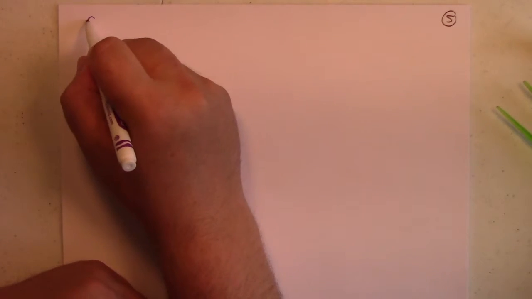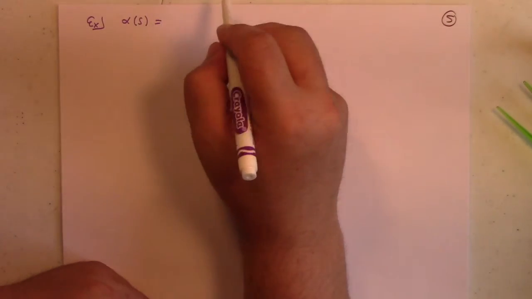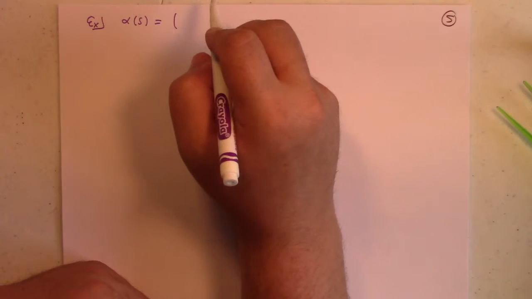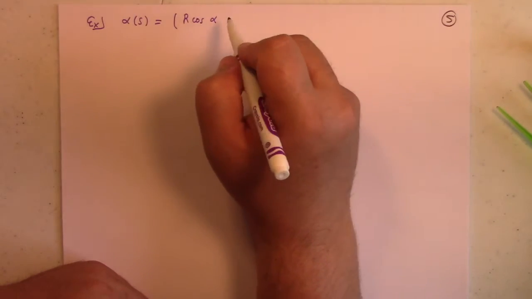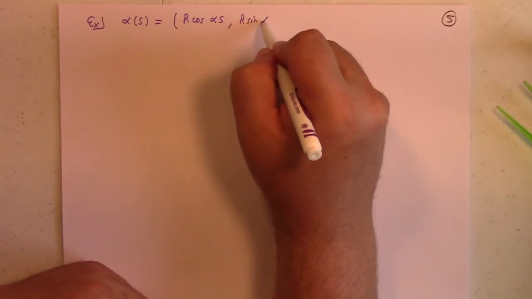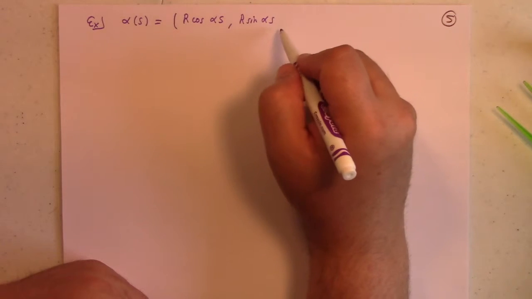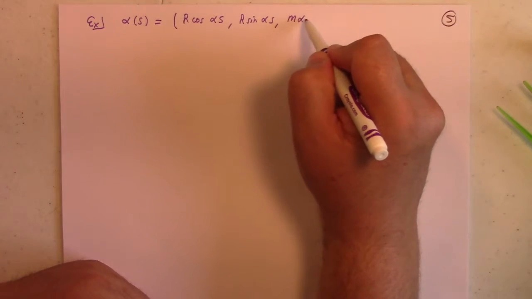I wanted to give an example here which was not too laborious. So here's the helix, always my go-to. Suppose you have alpha of s equal to r cosine alpha s, r sine alpha s, and then m alpha s.